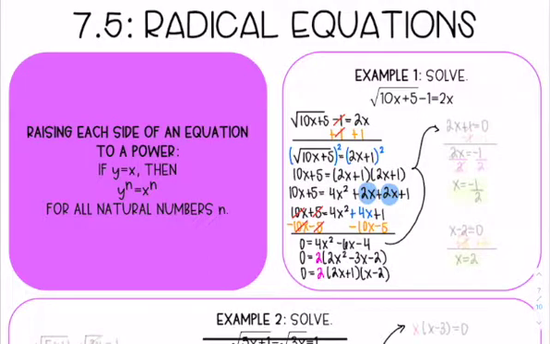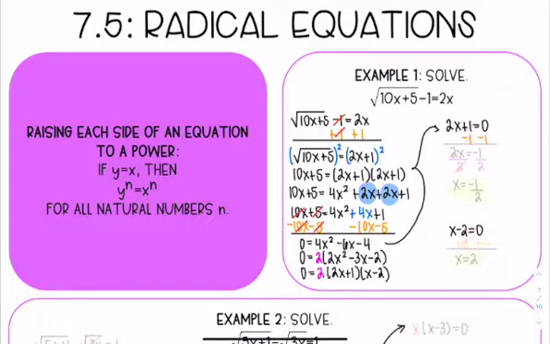And we're going to set each piece equal to 0. We have 2x plus 1 equals 0, and x minus 2 equals 0. We don't care about the 2 being equal to 0 because it doesn't have a variable. So let's go ahead and solve.